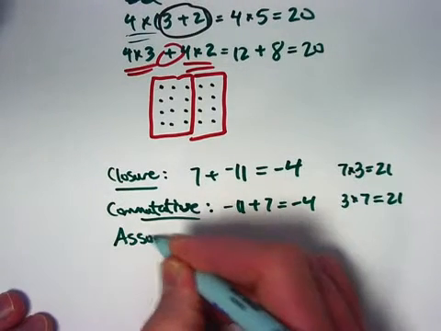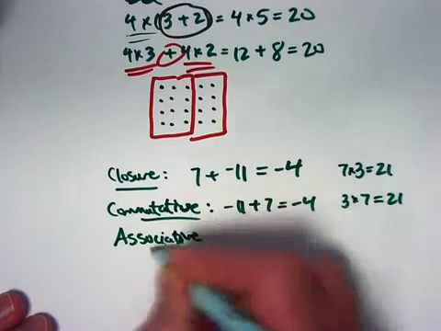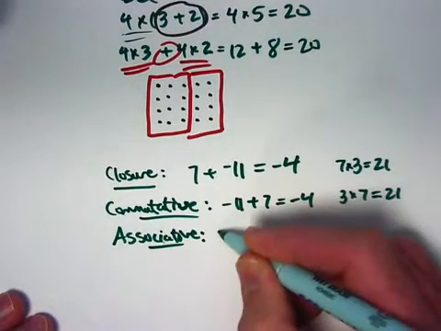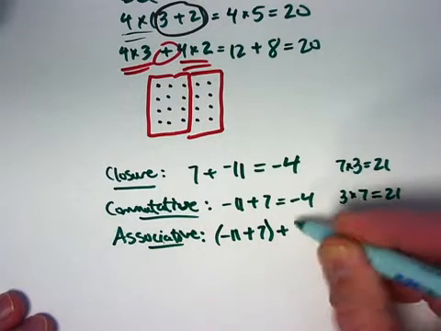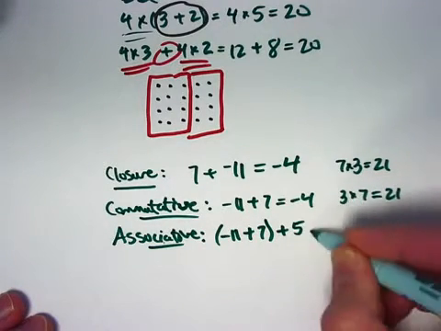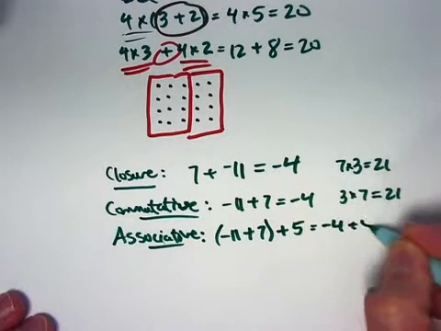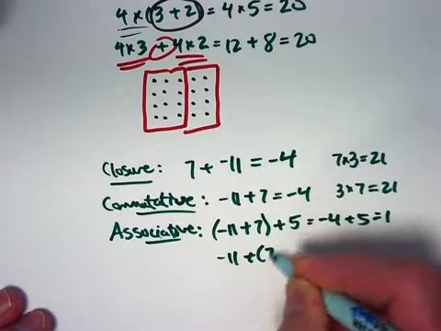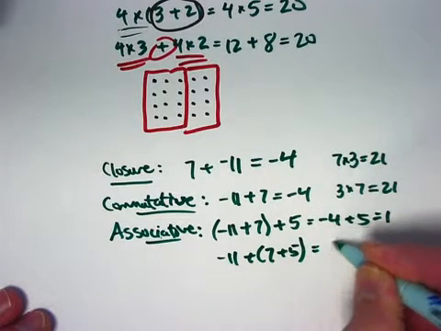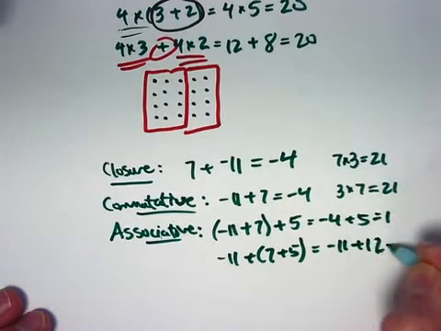Associative property is another one. You can do it for addition. Negative 11 plus 7 in parentheses plus 5 is negative 4 plus 5 is 1. And negative 11 plus, if I put the 7 and the 5 in parentheses, it's negative 11 plus 12. That's also 1.